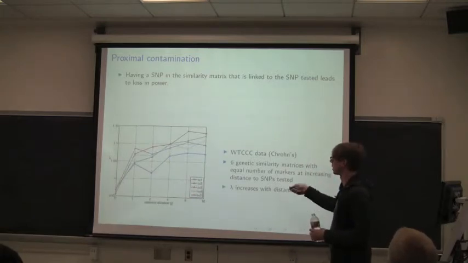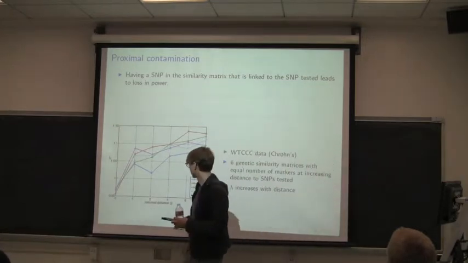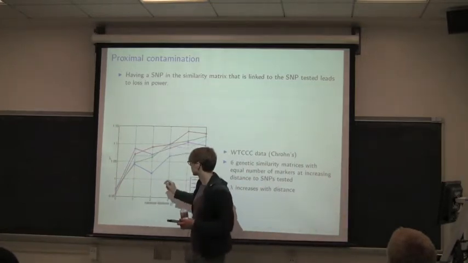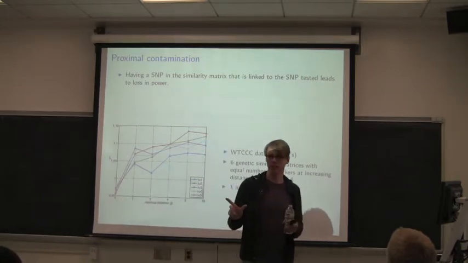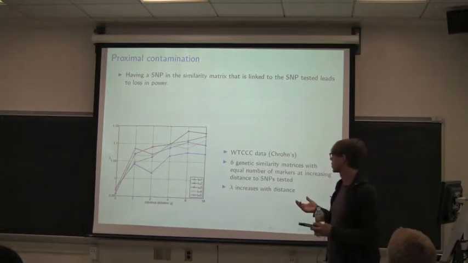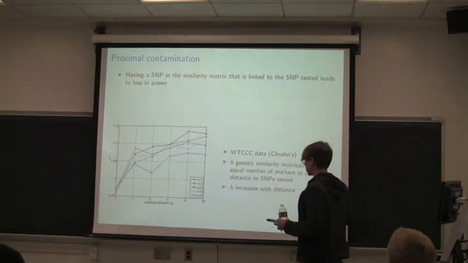And this is just an experiment that demonstrates the effect of this proximal contamination, basically by looking at kernels that include different distances. They all have the same number of SNPs, so they all should, in theory, have the same amount of correction potential.